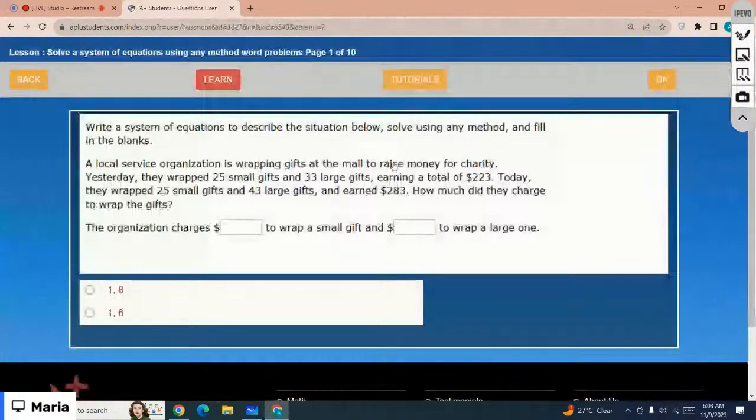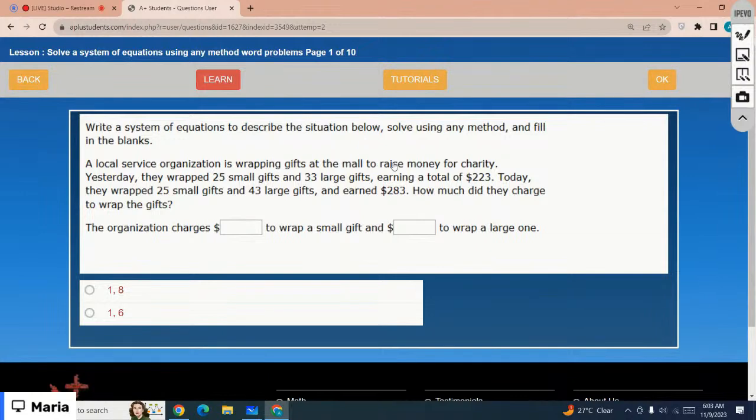Write a system of equations to describe the situation below and fill in the blanks.